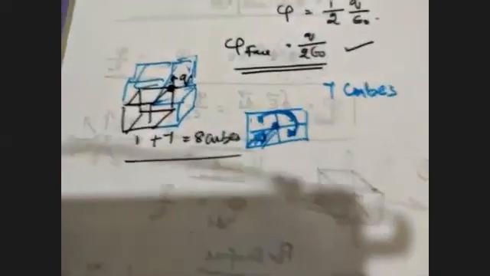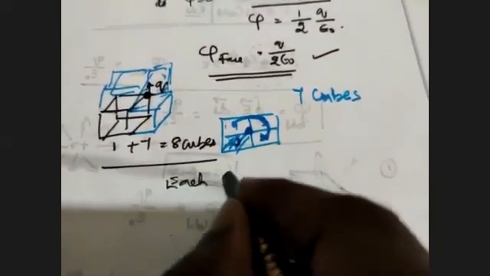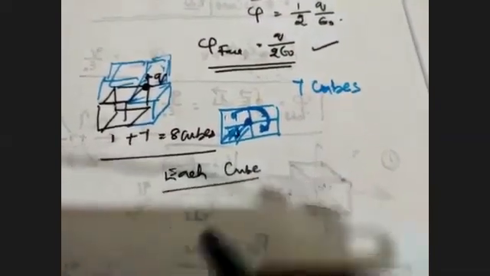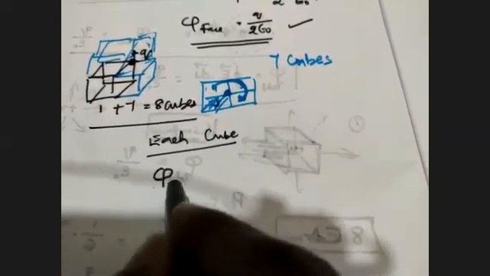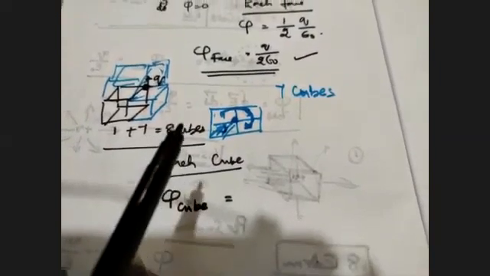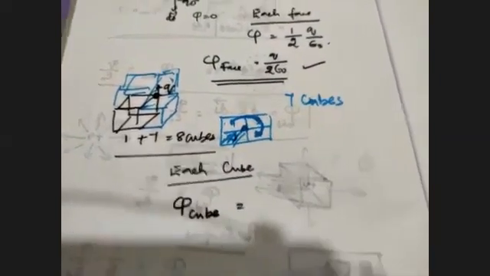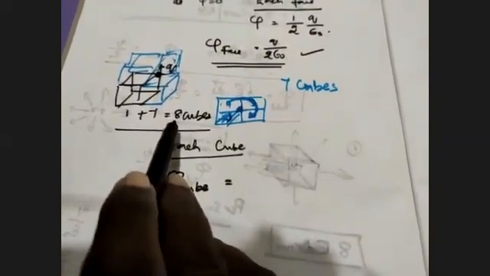Right? So if totally 8 cubes are there, from each cube, how much flux is coming out? How many cubes are there we are having? Only a total of 8 cubes are there.